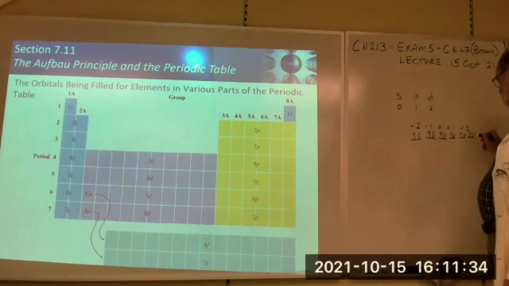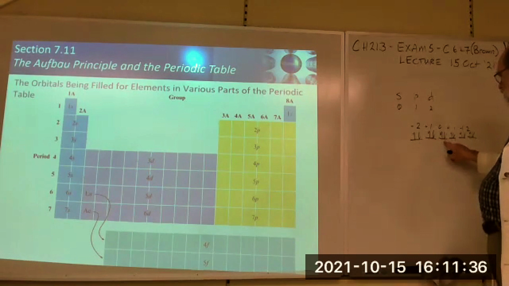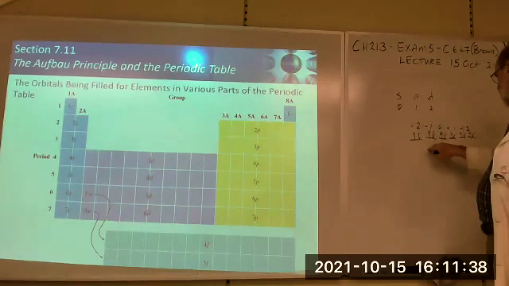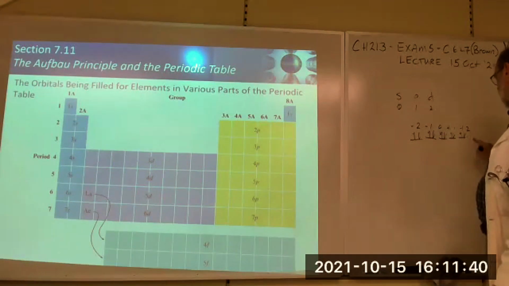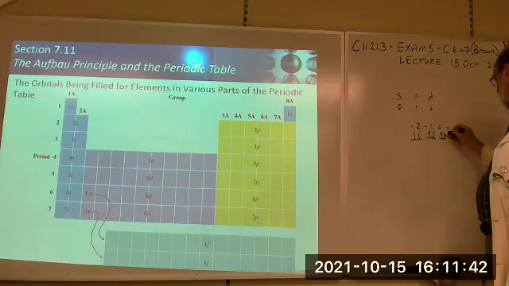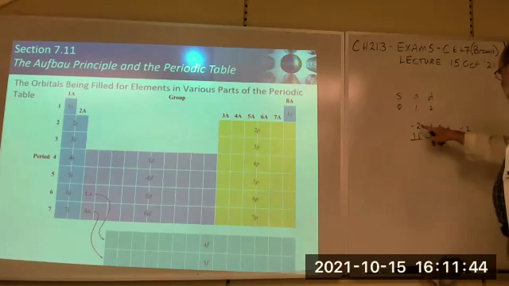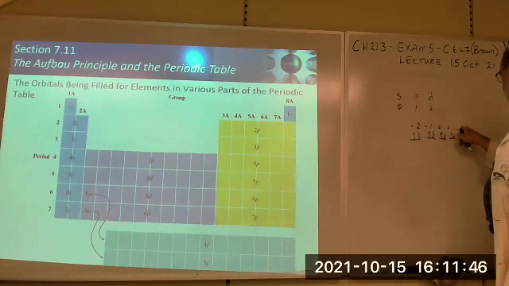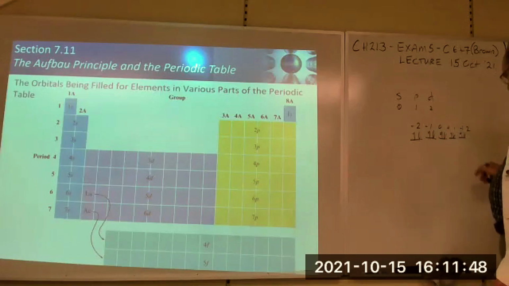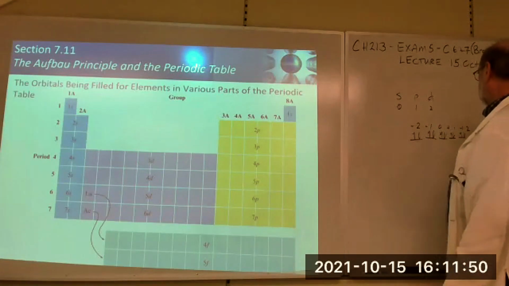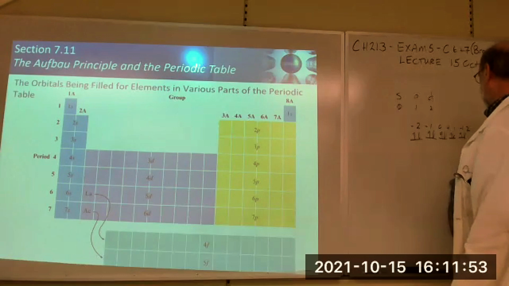So if they're all filled, you have the potential for... let's see, I've got too many. Sorry. Wait a minute, what am I doing wrong?